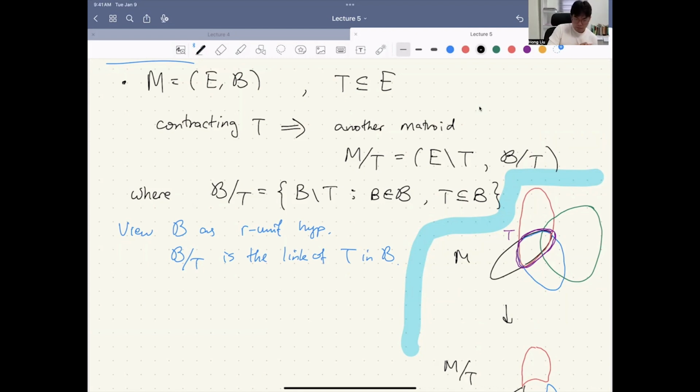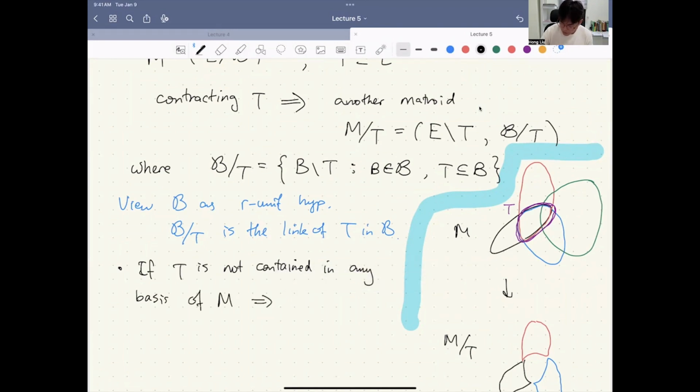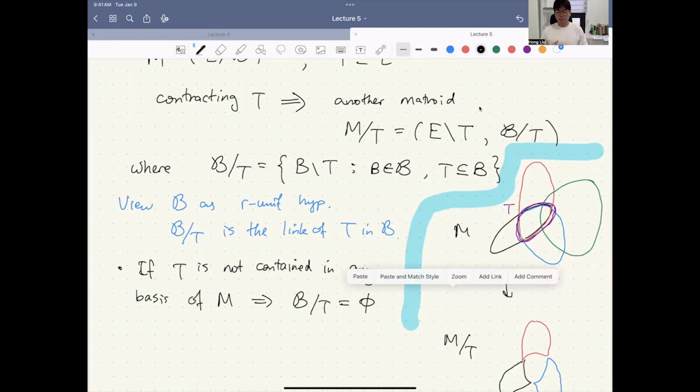By definition, first of all, notice that if T is not contained in any basis of M, then B contracted by T, the link of T, is empty. There's nothing in there.